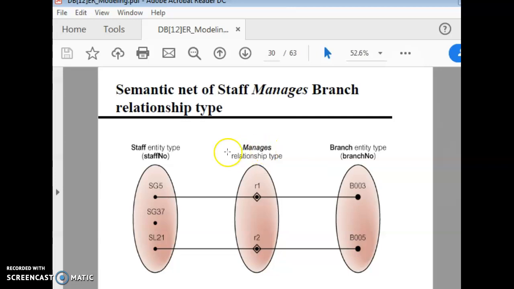And we see that staff number SG5 entity occurrence manages branch number B003, and staff number SL21 entity occurrence manages branch number B005. Here SG5 and SL21 are entity occurrences from the staff entity type and B003 and B005 are entity occurrences from the branch entity type, using the values of the primary key attributes staff number and branch number.